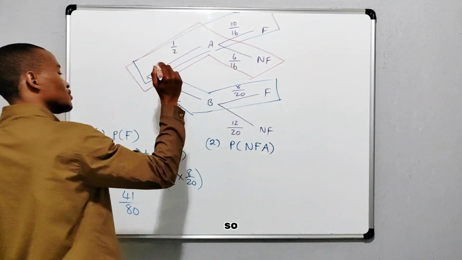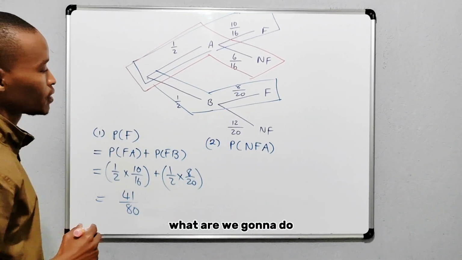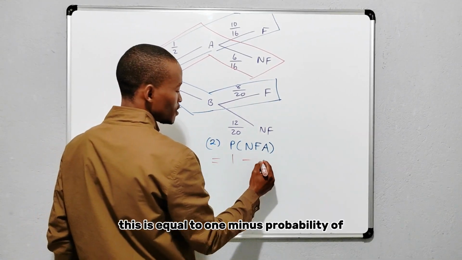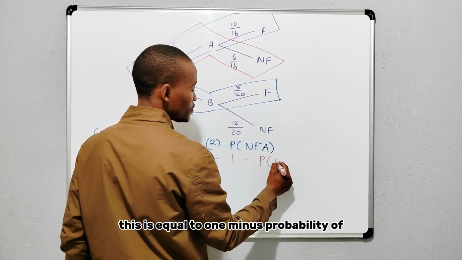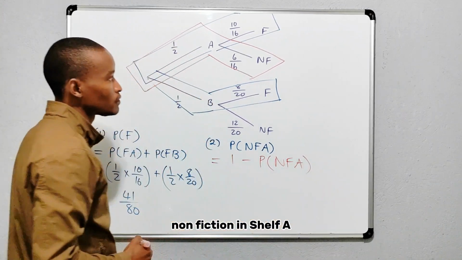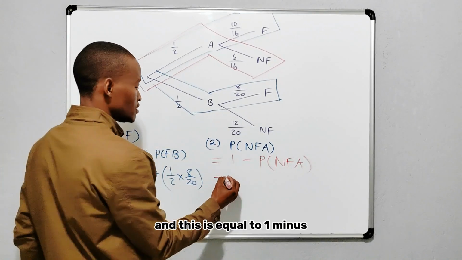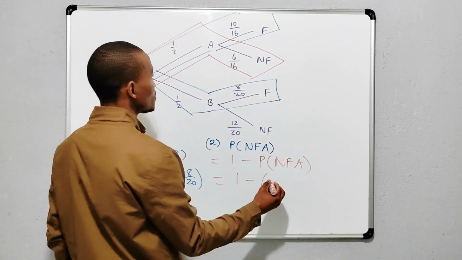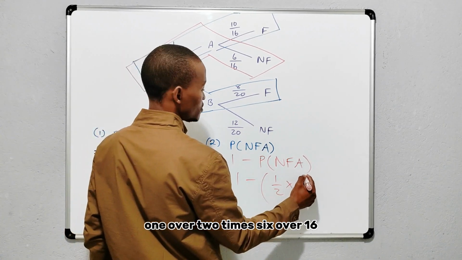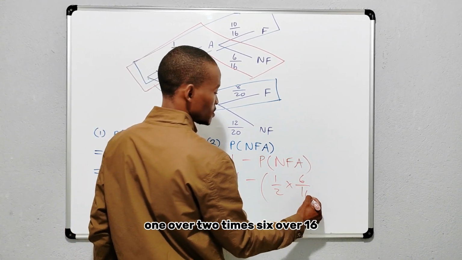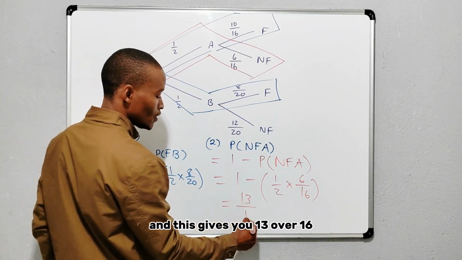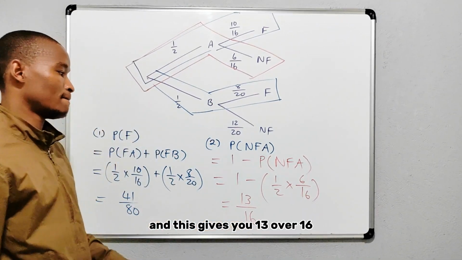So this is equal to 1 minus the probability of non-fiction in shelf A. And this is equal to 1 minus 1 over 2 times 6 over 16. And this gives you 13 over 60.